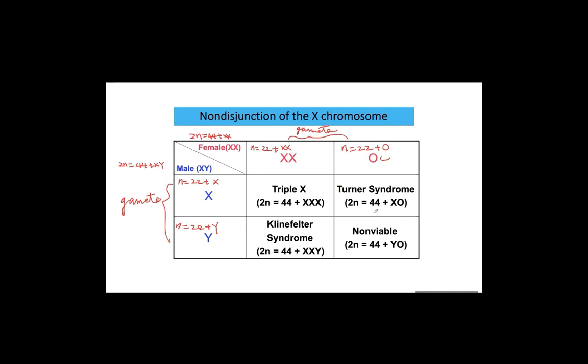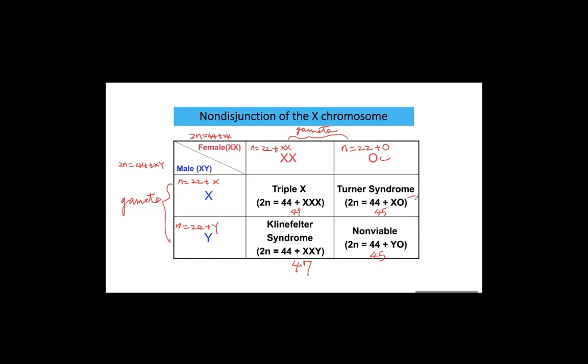So how many chromosomes does this have? 45 chromosomes. And this one? 47. We are supposed to have 46 chromosomes. With 45 chromosomes it is really hard to survive, except in Turner syndrome.